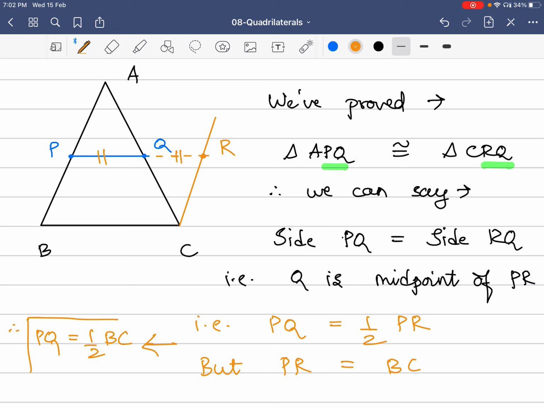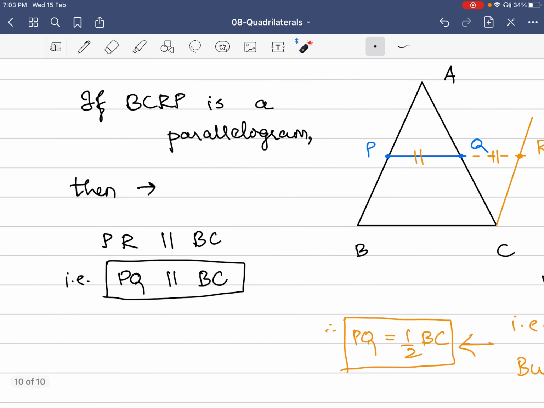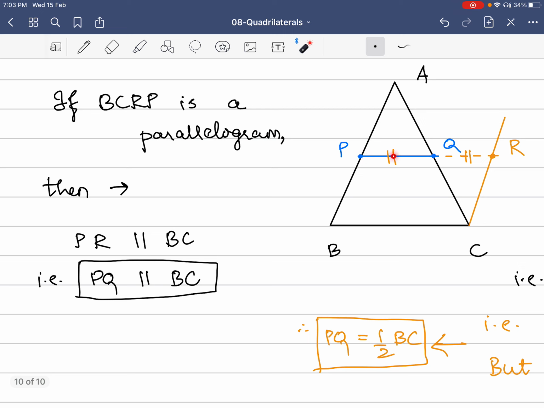I'm going to box this because this is the second point in the midpoint theorem, that this segment PQ is half of the third side BC. We have proven this, and we have also proven that PQ is parallel to BC, and thus this completes the proof of the midpoint theorem. It's a bit lengthy and complicated proof, but we have proven it.